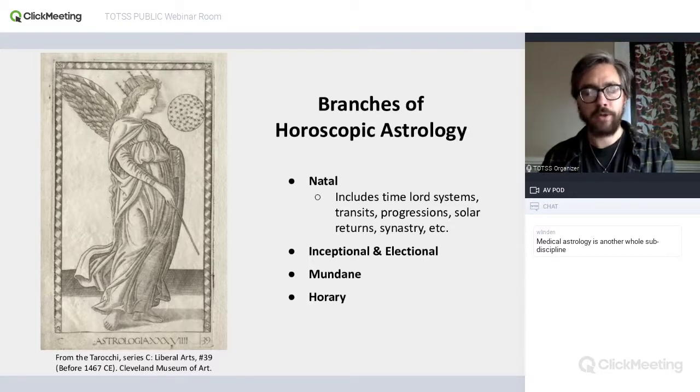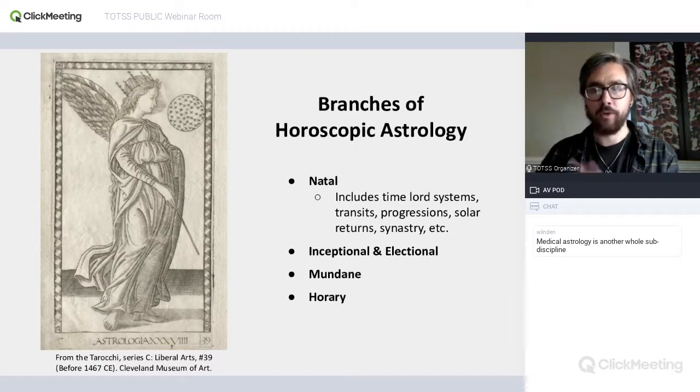We have what's called horary astrology, which is the use of a horoscope to answer, I guess we could think of it as a more classical, divinatory question. So the idea is someone comes to an astrologer and asks a question like, should I invest in this business?